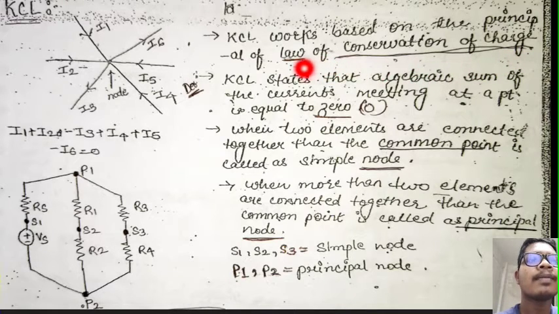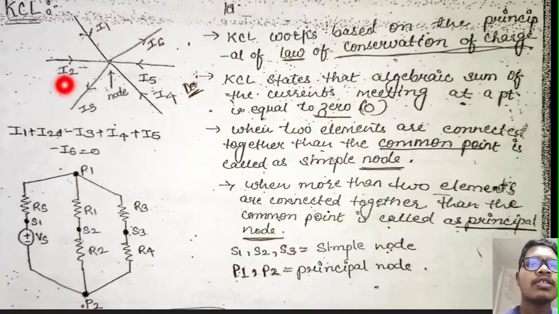Please remember that. The definition of Kirchhoff's current law is that KCL states that the algebraic sum of the currents meeting at a point is equal to 0. Please remember this definition so that you will be able to write your question paper. See here, this is one figure given by me.